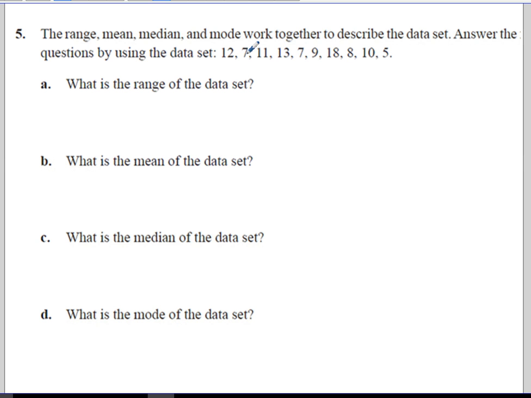And so we will have 5, 7, 7, 8, 9, 10, 11, 12, 13, and we have an 18.